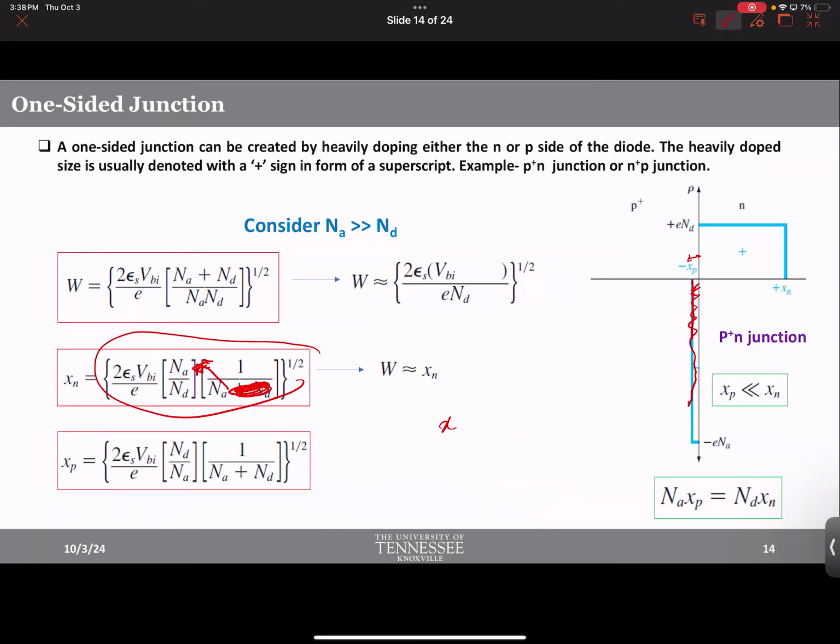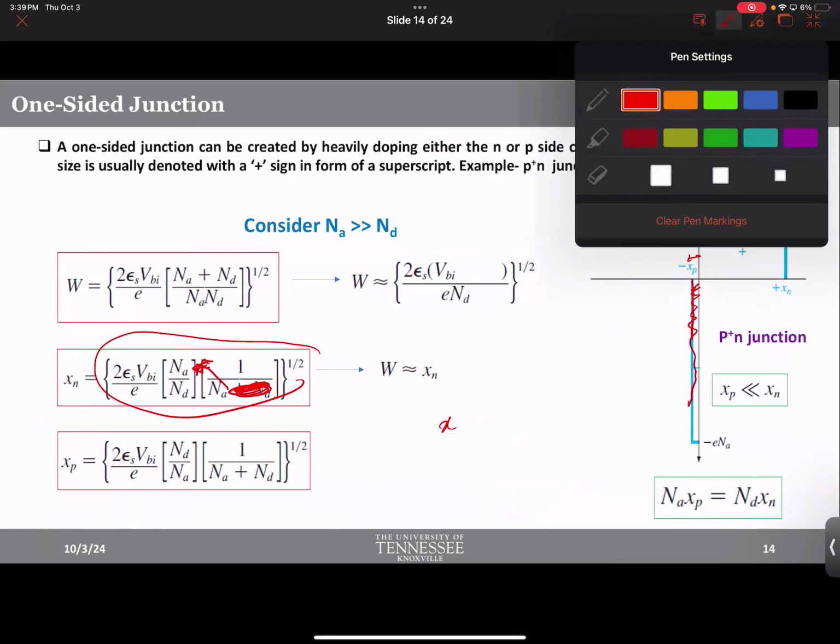Instead of making it equal on both sides, I'm skewing it, making one side super narrow and the other wider. How? By heavily doping one side. Whichever side you want to make narrow, heavily dope it.